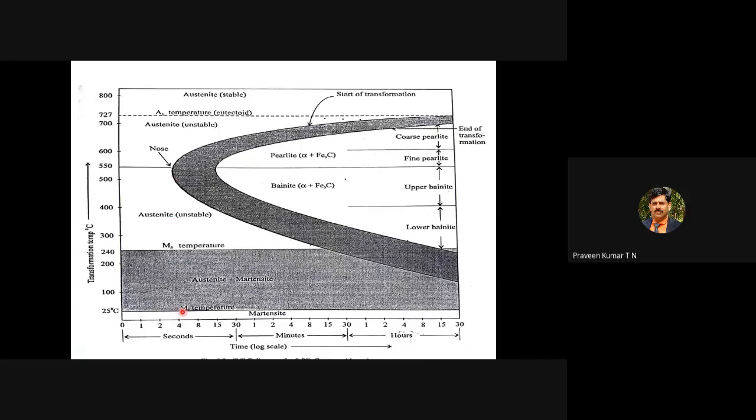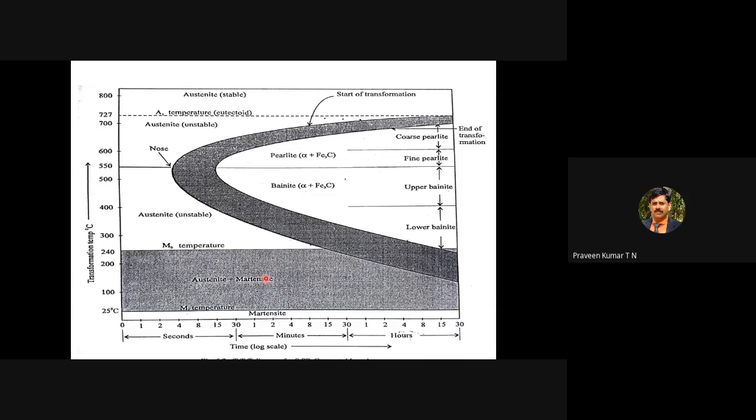Then after 15 seconds, complete transformation takes place from austenite to pearlite. This complete left side is the start of transformation. The right side curve is the end of transformation curve.